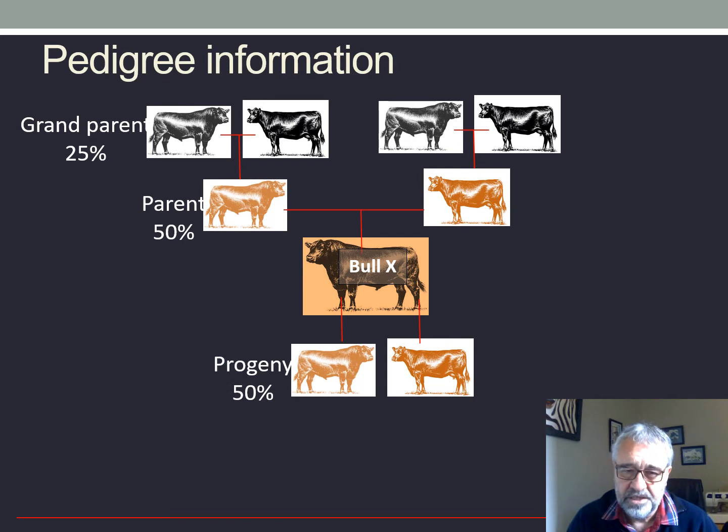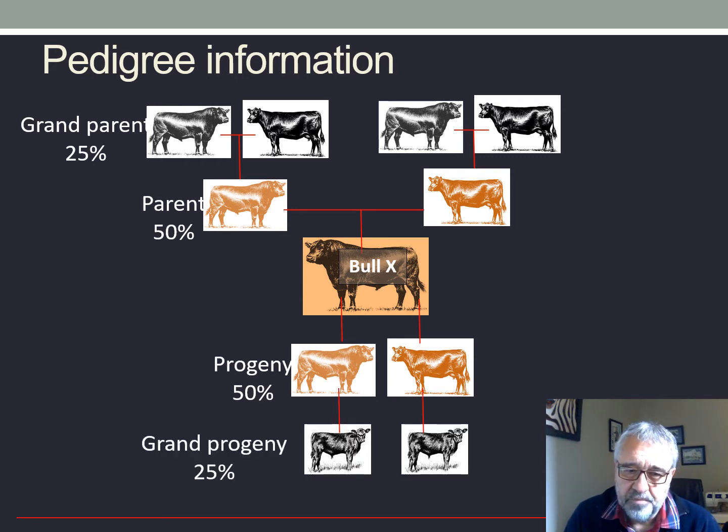And he will always share 50% of his genotypes, or his genes, with each and every one of his progeny. So that's also a given. It can't be different from 50%. In terms of his grand progeny, on average he will share 25% with each of his grand progeny.